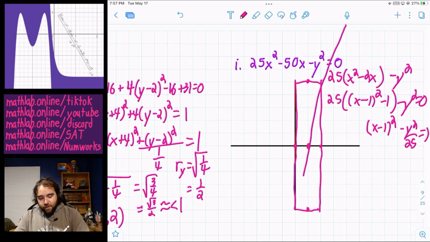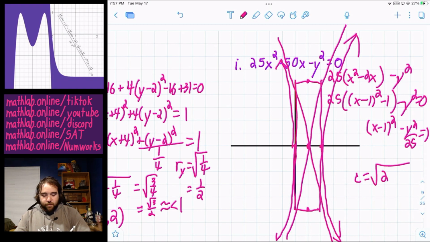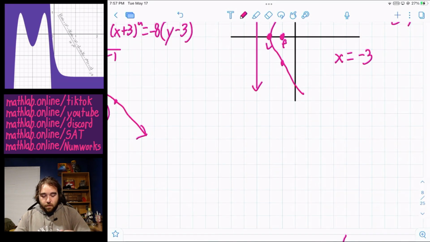So these are our asymptotes. And it's opening sideways because it's x squared minus y squared. I bet these foci are really far out because c is root 25 plus 1, which is root 26, approximately like 5.1.